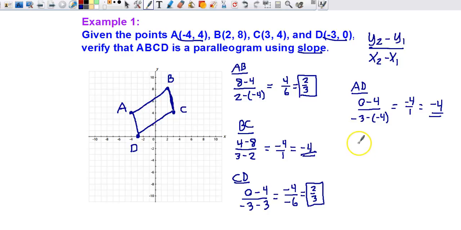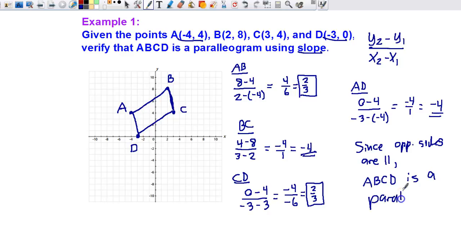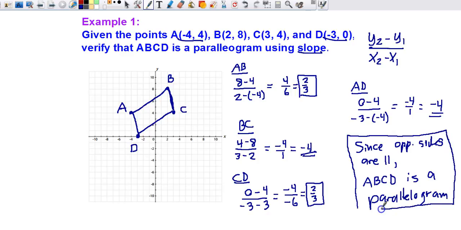We would say, since opposite sides are parallel, ABCD is a parallelogram. That's technically your answer because we proved the opposite slopes had the same measure, which gives you parallel lines.